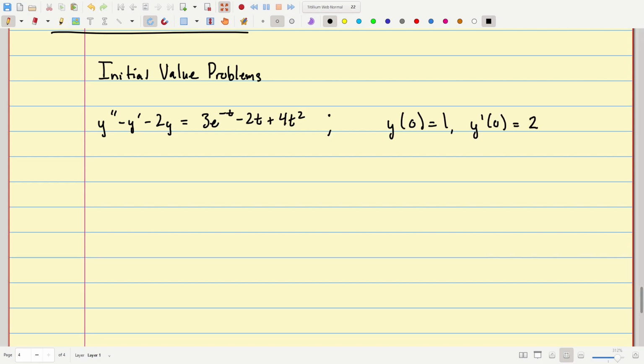I have no idea what this is going to look like. I'm just making up the initial values here. It'll be fine. Okay.